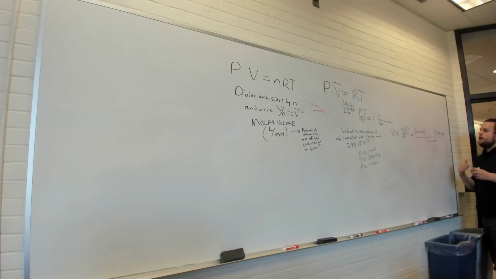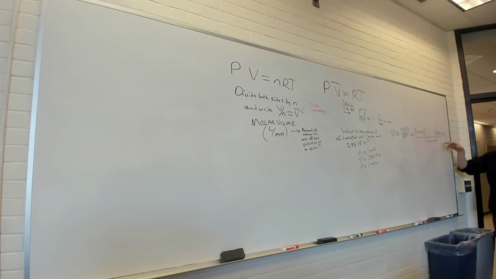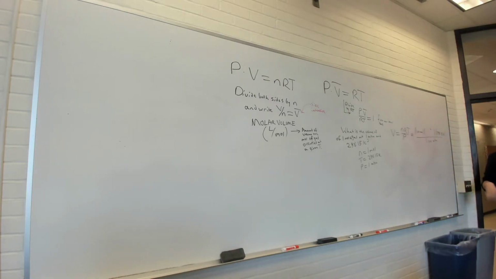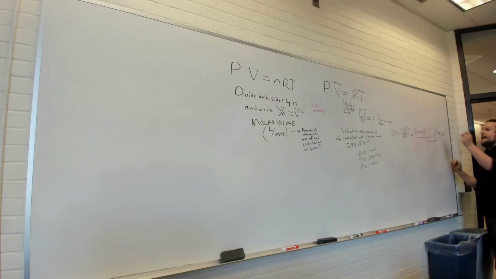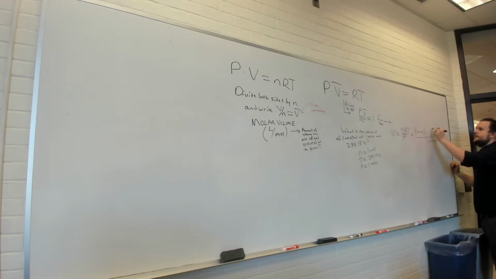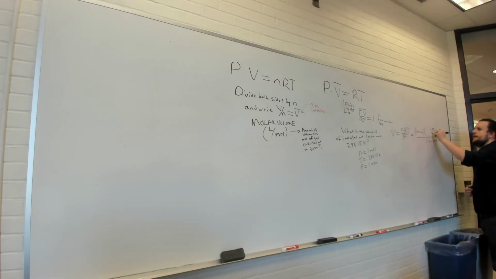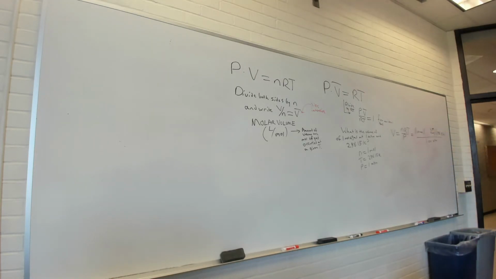We know the units of R, though, because we need to multiply by moles and Kelvin, divide by atmospheres, and get volume out. So there's going to be a liter in the numerator because we get liters out. We divide by atmospheres, so we need atmospheres in the numerator. And we need to get rid of moles and Kelvin. So we need the gas constant in liter atmosphere per Kelvin mole.